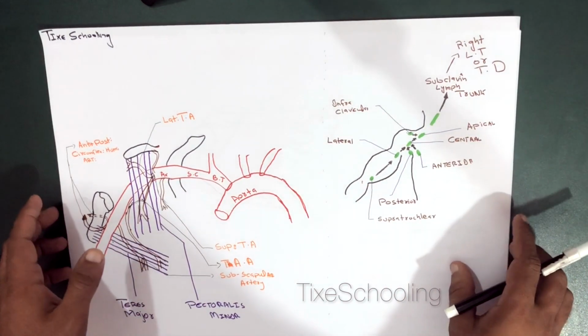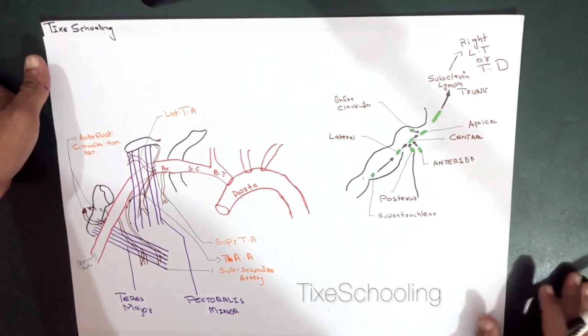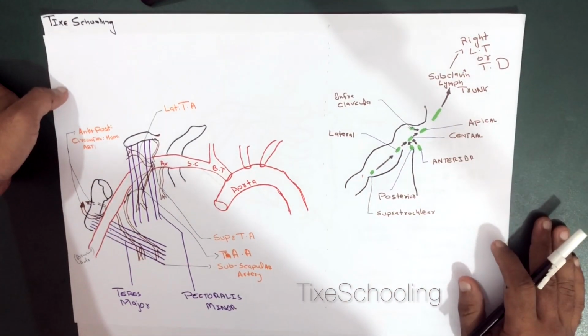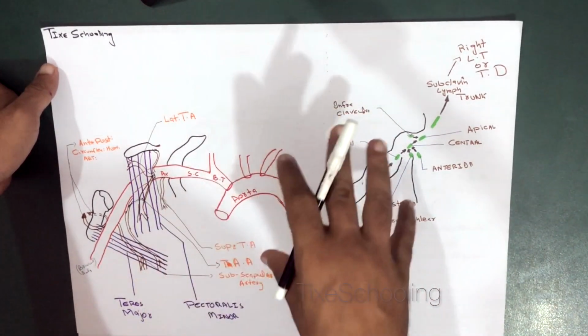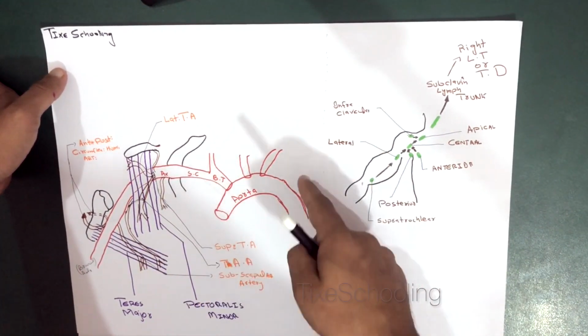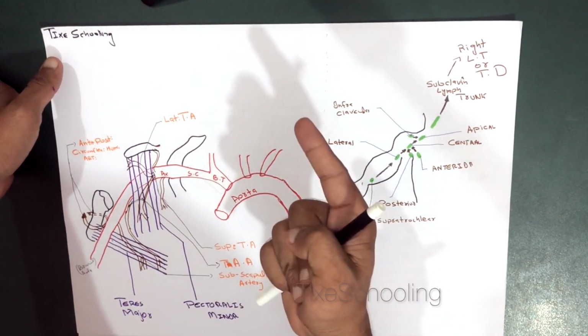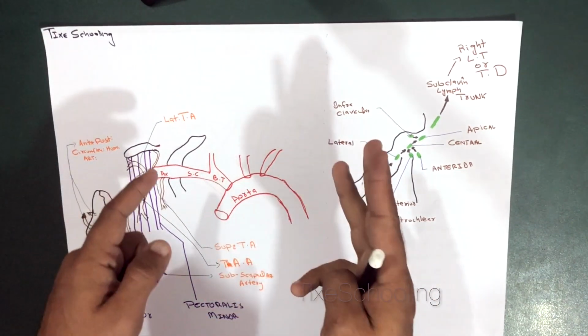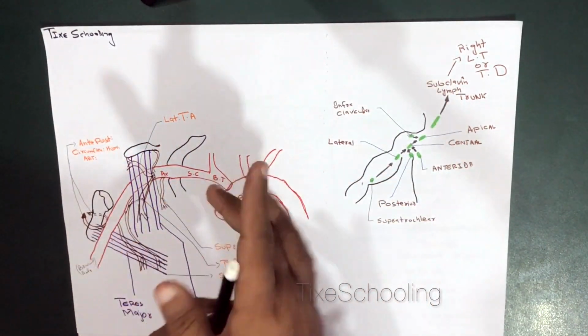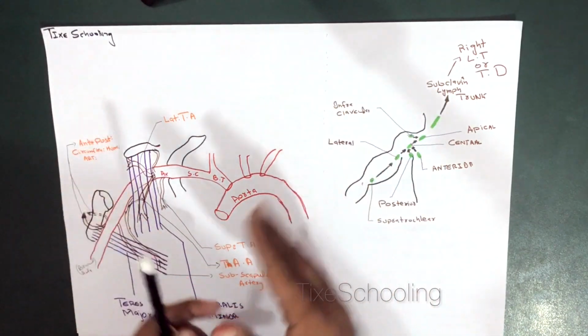I have made a separate video of those lectures, so you have to watch them in other videos. So in this session, we are going to talk about these 2 main contents. Remember, we have 4 contents of the axilla: the axillary artery, axillary veins, brachial plexus, and number 4 is the axillary lymph nodes.